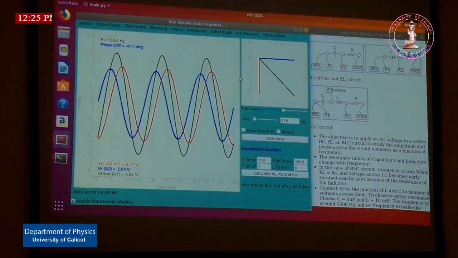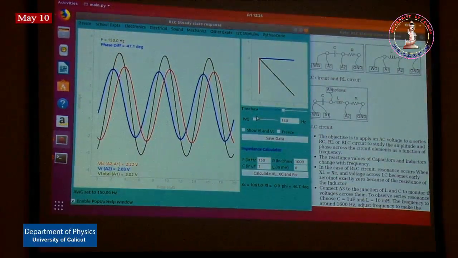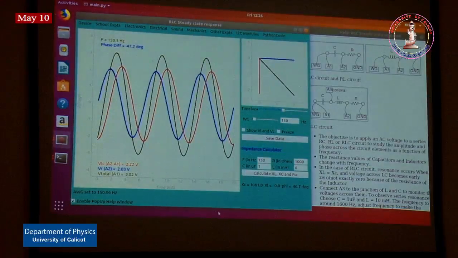Now there is 1 micro, this value, and you also notice these values. Suppose you have the capacitor and resistor in series, and total voltage is 3, across the capacitor is 2.2 and across the resistor is 2.